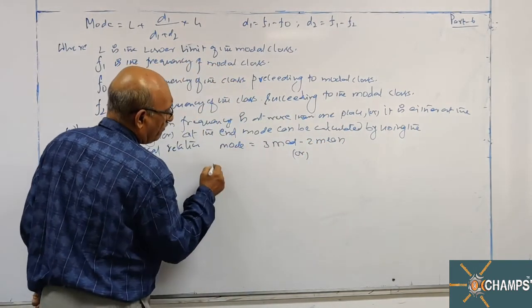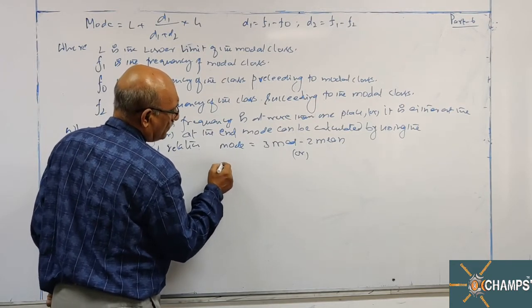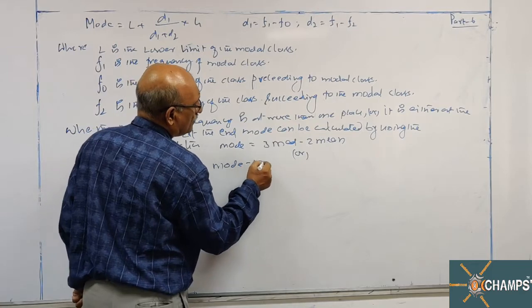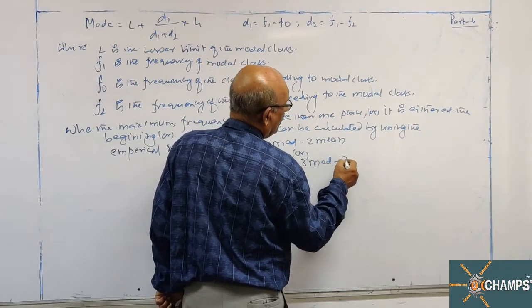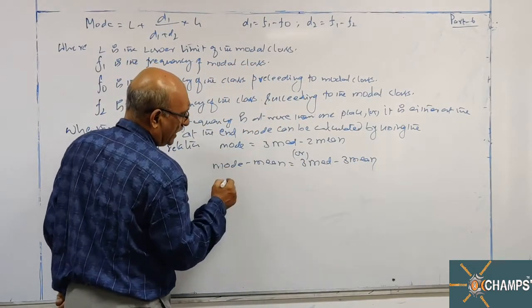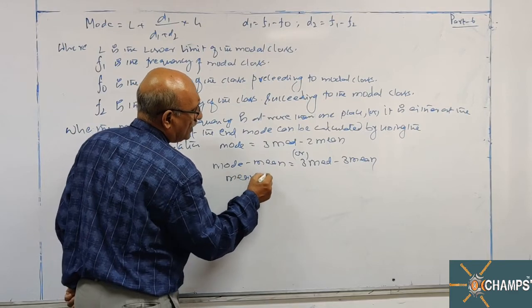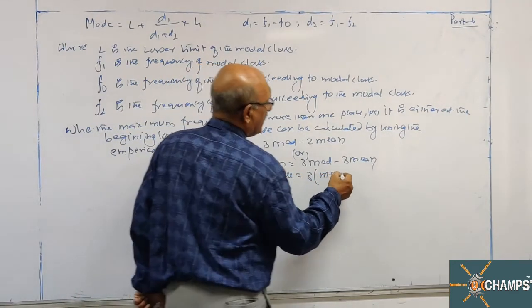Subtracting mean, mode minus mean is equal to 3 median minus 3 mean. Taking minus as common, mean minus mode is equal to 3 into mean minus median.